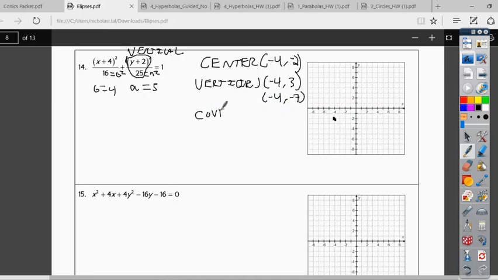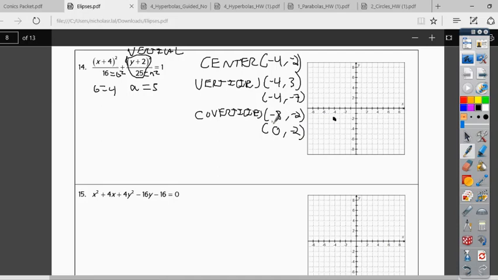Co-vertices will be at, now the x term is changing. Negative 4 minus 4 is negative 8. The negative 2 stays the same for the center. And then negative 4 plus 4 is going to be 0. So negative 8, negative 2, 0, negative 2.